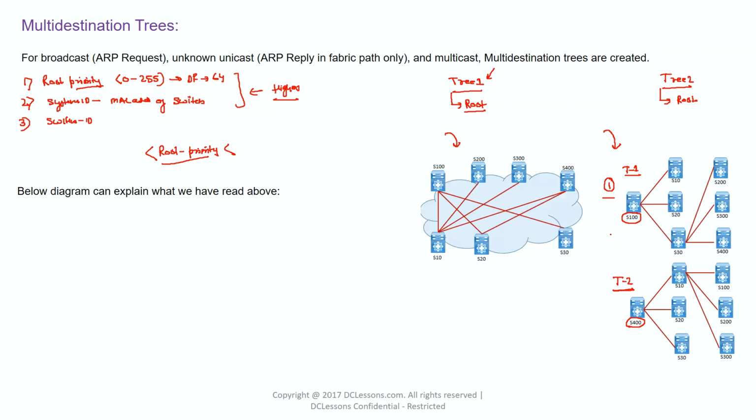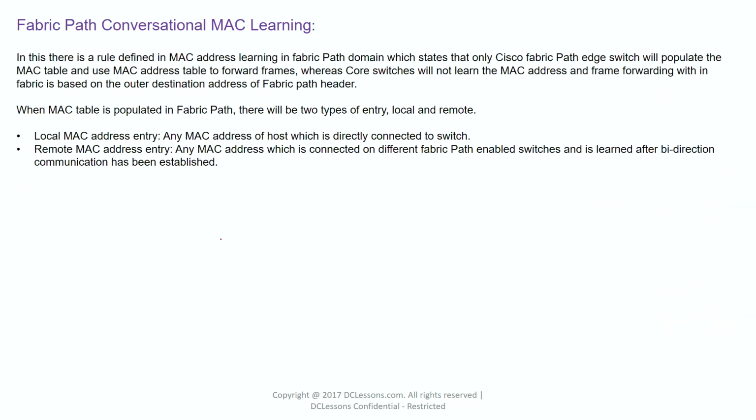Now let's see what FabricPath conversational MAC address learning is. Let's suppose I talk about the regular MAC address learning scenario. I have two switches, with host A connected here, this is my trunk port, and this is host B connected over here. When host A sends traffic, host A's MAC address is learned here.